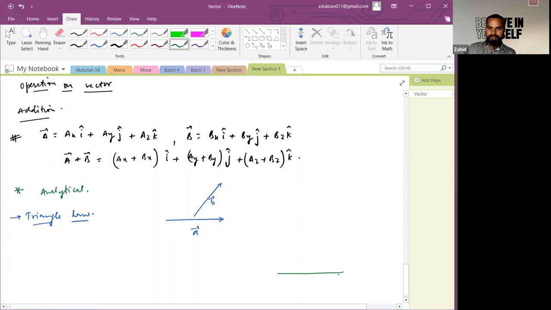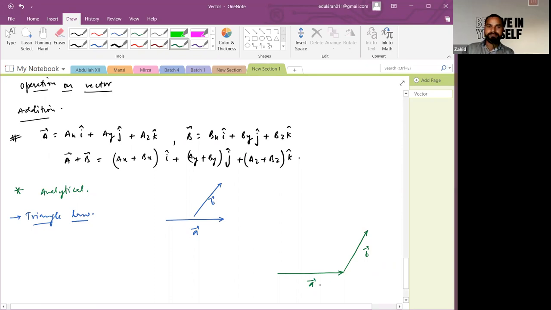Let's say A is along this direction and B is along this direction. If two vectors are arranged in such a manner, they are termed consecutive vectors, which means the tail of the second vector lies on the head of the first vector.